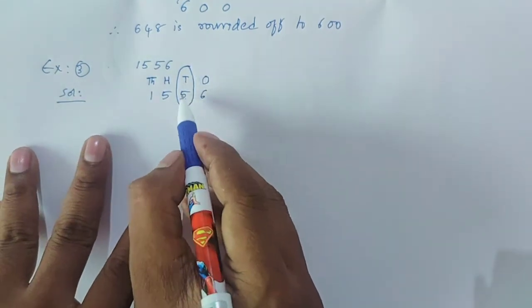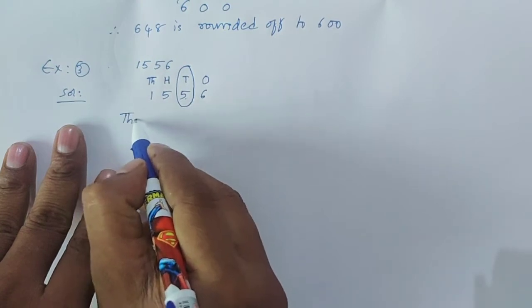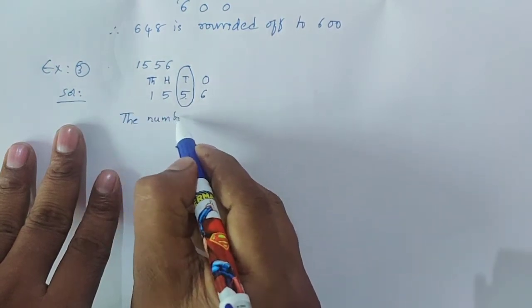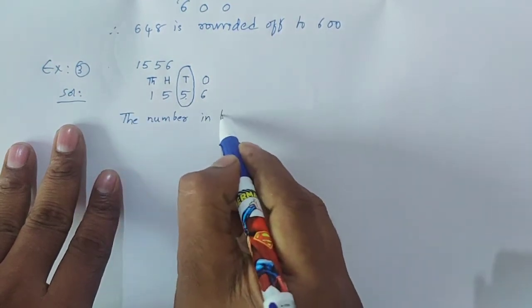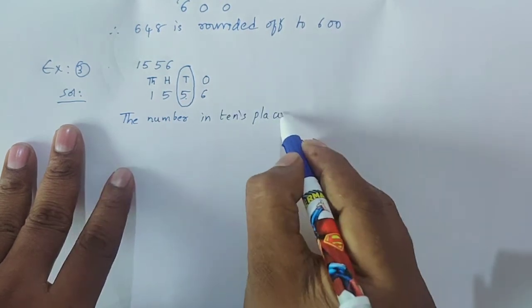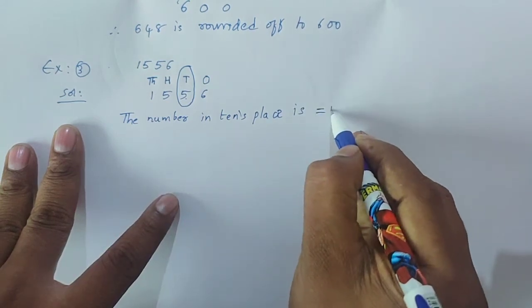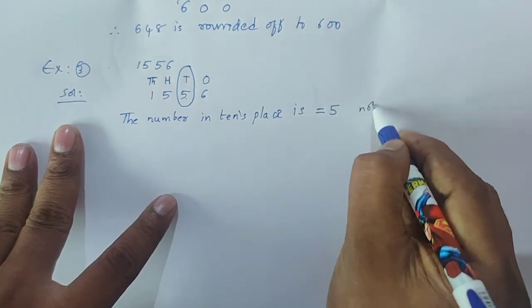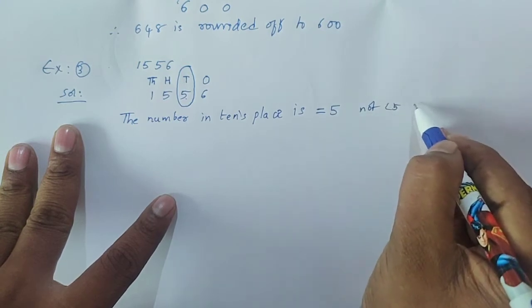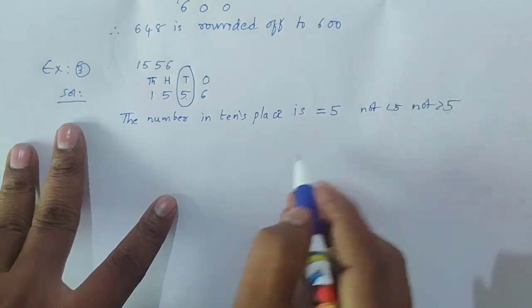So here the number in tens place is equal to 5, not less than 5, not greater than 5.